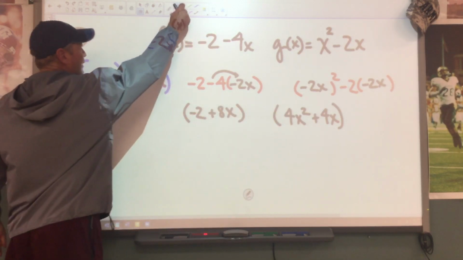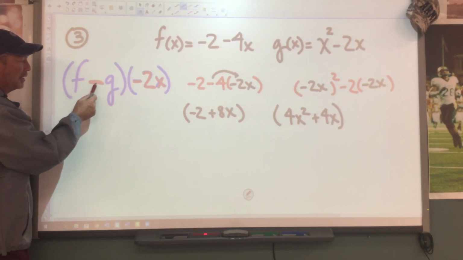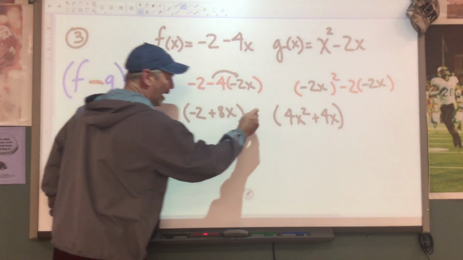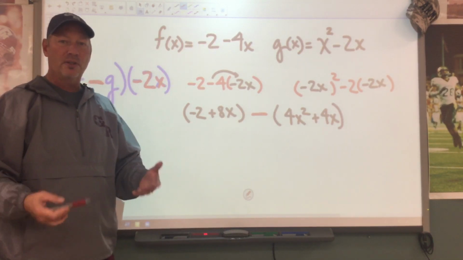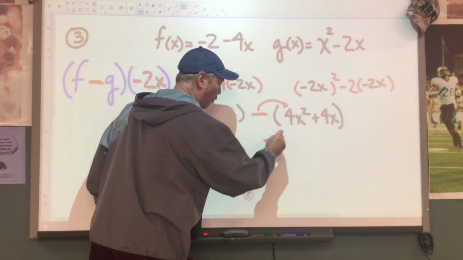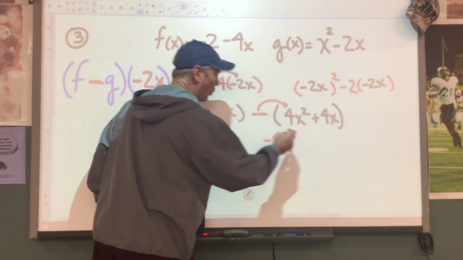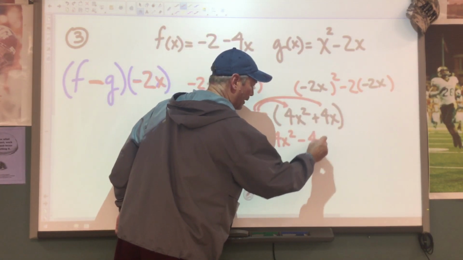But they're asking me to subtract f answer minus my g answer. So I have to subtract here. So when I subtract, I must distribute the negative. So this is going to become, when I distribute, a negative 4x squared. When I distribute here, that's going to become a negative 4x.